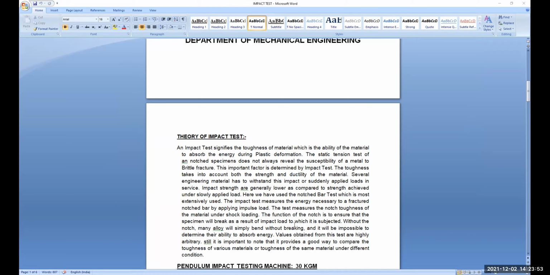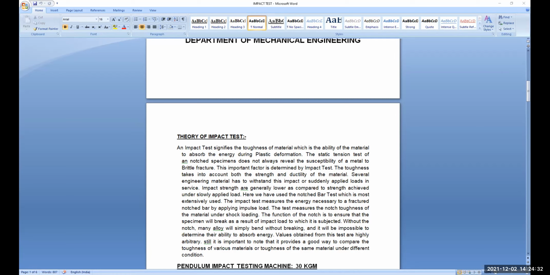Now, without the notch, as you may have observed earlier, the element will simply bend without breaking. It has an enormous capacity to withstand huge load. It will not break, so we need a device or process which will ensure that it takes the load itself. Values obtained from this test are highly arbitrary, meaning they are not defined, they are approximate.